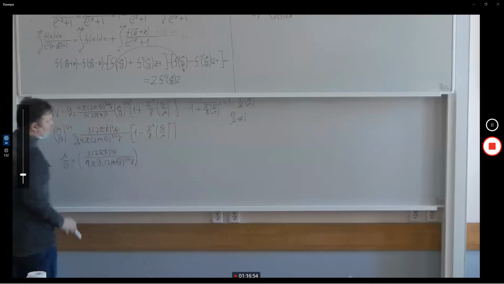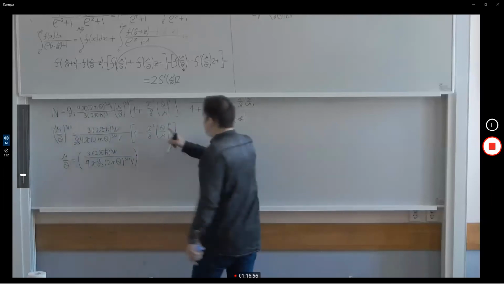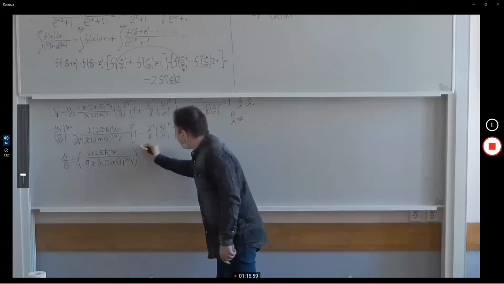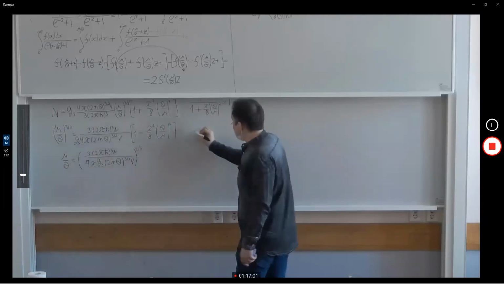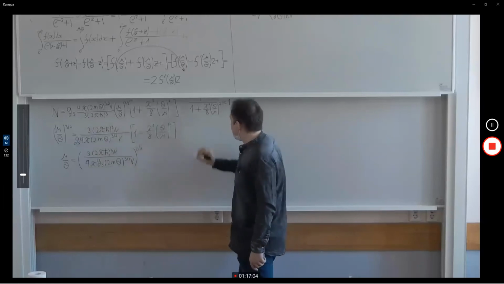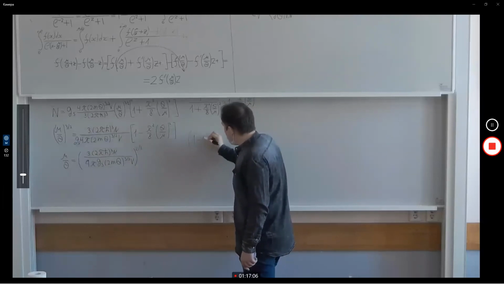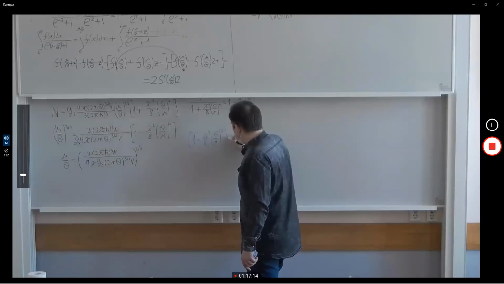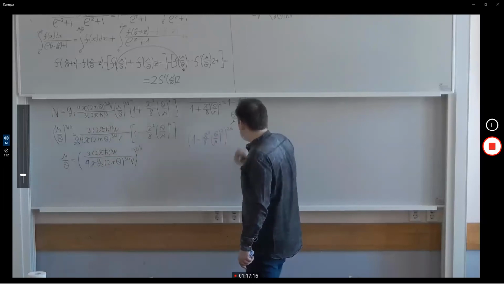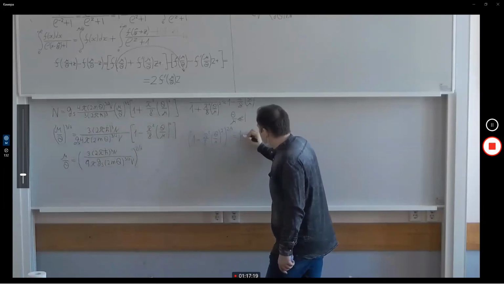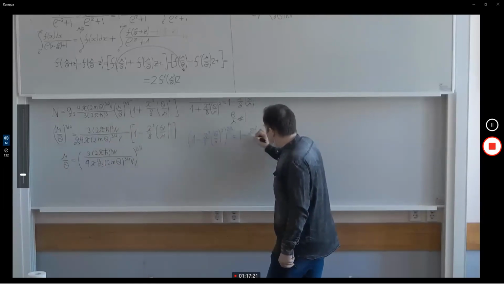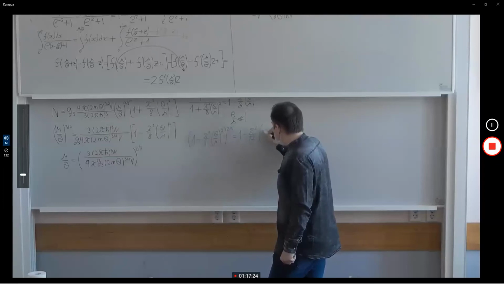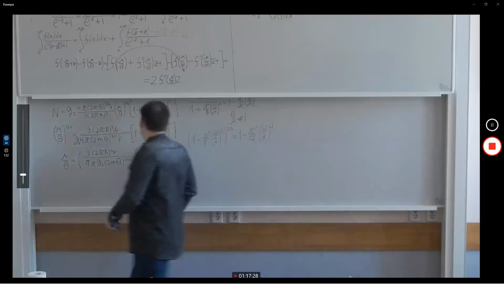V. And now I need to take the power 2/3, and I need to use the Taylor series expansion one more time. 1 plus π squared over 8 (θ over μ) squared to the power 3/2 equals 1 minus π squared over 12 (θ divided by μ) squared.